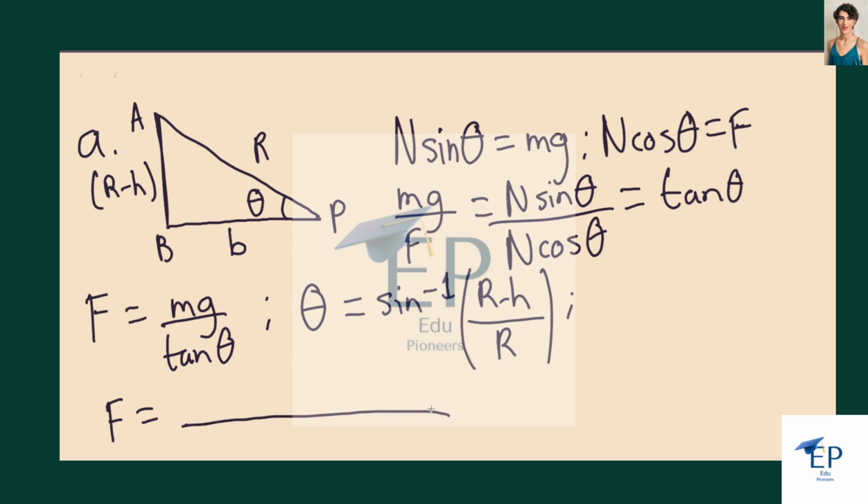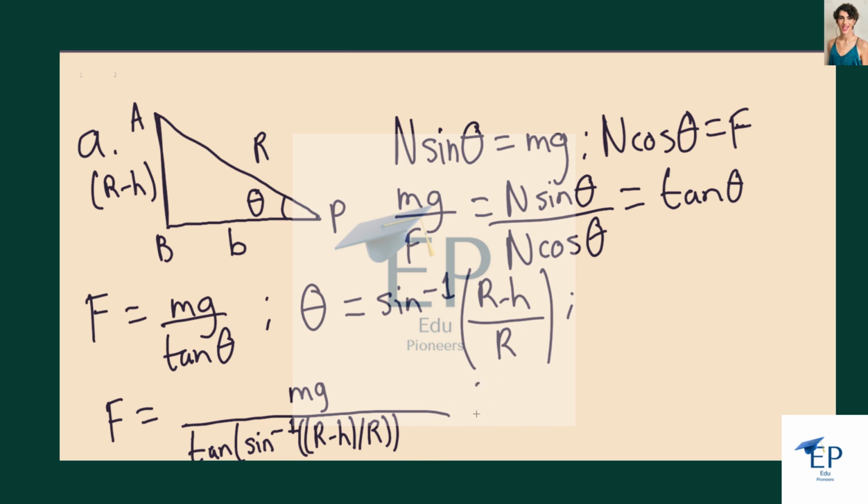mg divided by tangent of arc sine of (R minus h) divided by R, close parentheses once more.